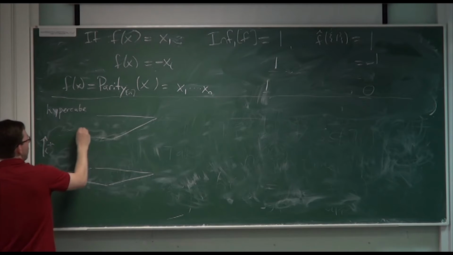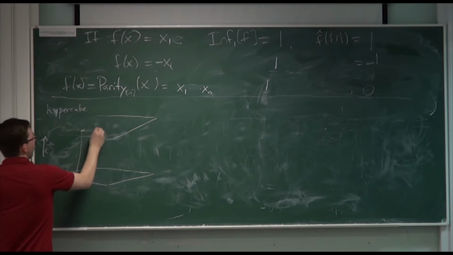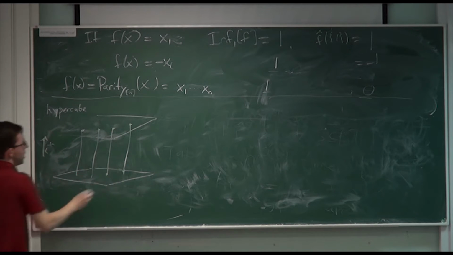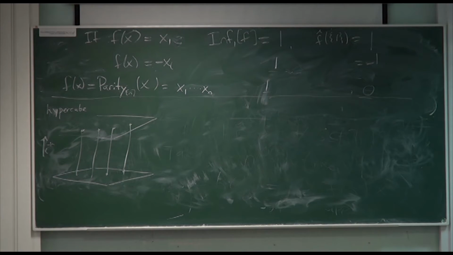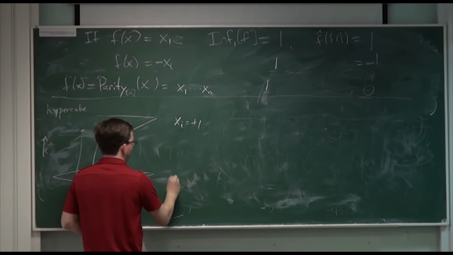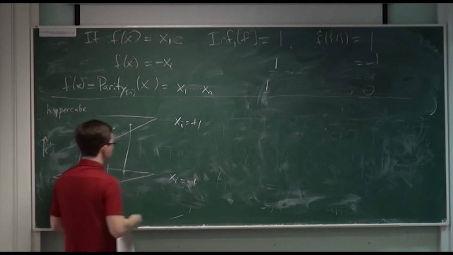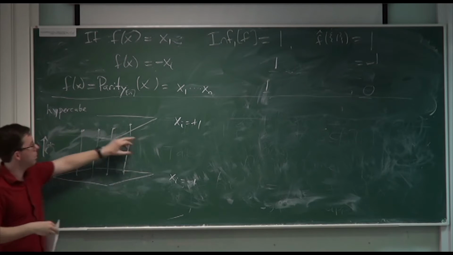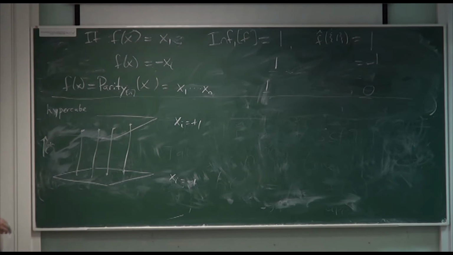So the Boolean hypercube has all these edges in it, where these edges are strings that differ only in the ith coordinate. So maybe up here is where xi is plus 1, and down here is where xi is minus 1. So there's 2 to the n minus 1 points down here, and 2 to the n minus 1 points over here, and they're matched up according to being the same except in the ith coordinate.